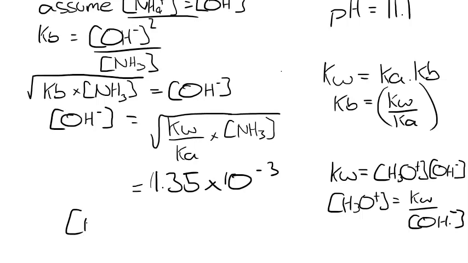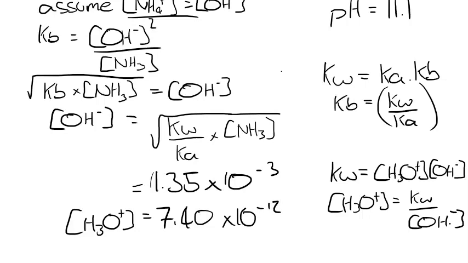H3O+ equals 7.40 times 10 to the power of negative 12, and then we take the negative log of that answer, so the pH equals 11.1.